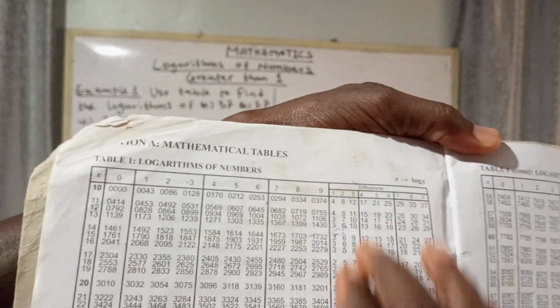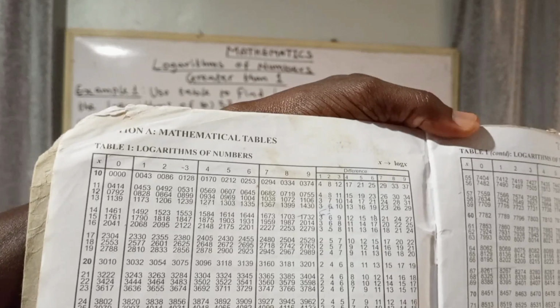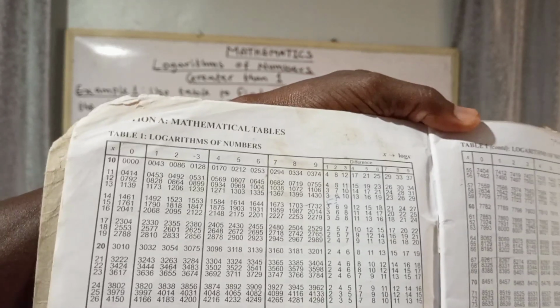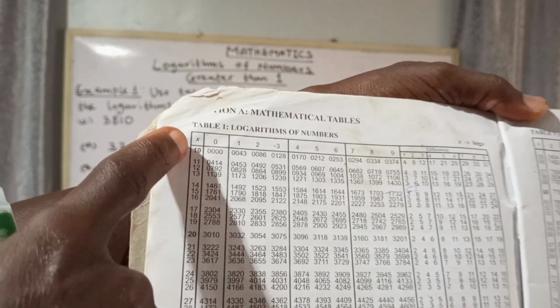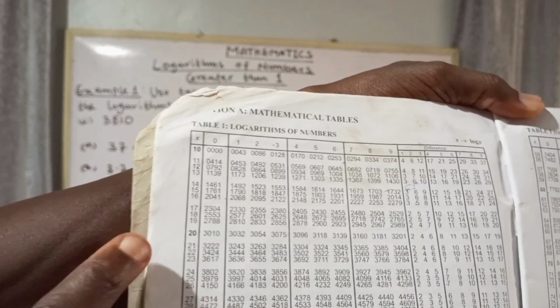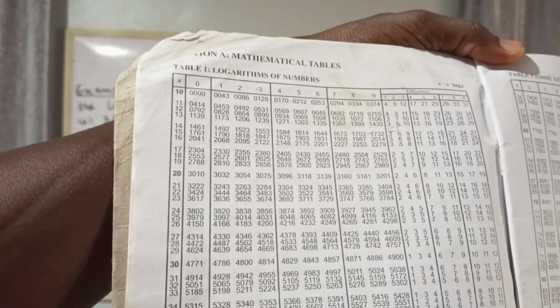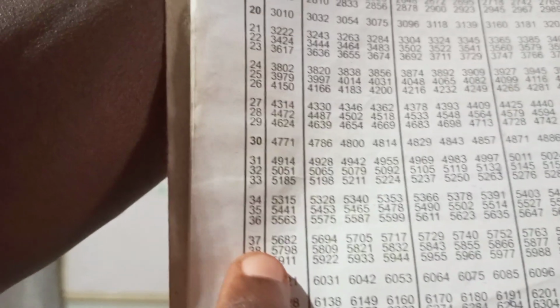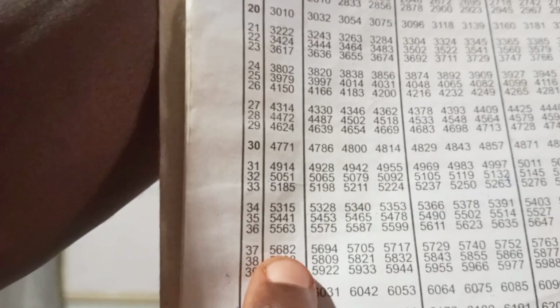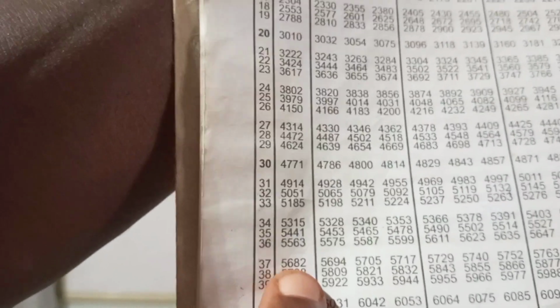Those numbers here, they call it differences. We normally add those differences. Now I want to check for 37. You come under this value of x, you trace down to 37. This is 37 here. That is 37 under 0. We have 5, 6, 8, 2.